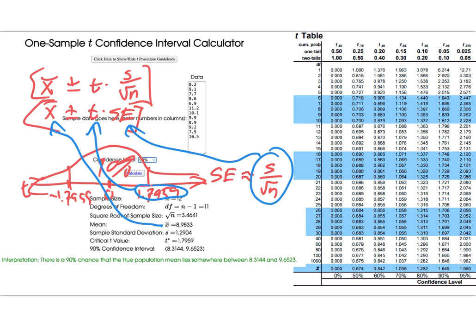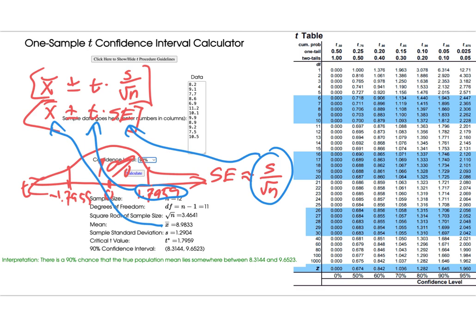I shake up the hat, I reach in. What is the probability that I'm going to pull out one slip of paper that has an interval that does include the true mean? That would be a 90% probability. Now, you take it out and look at it, you still wouldn't know if it actually includes it, but that's how you would make this into a probability scenario.